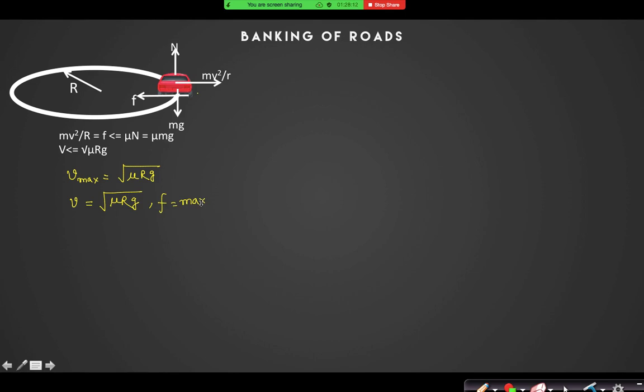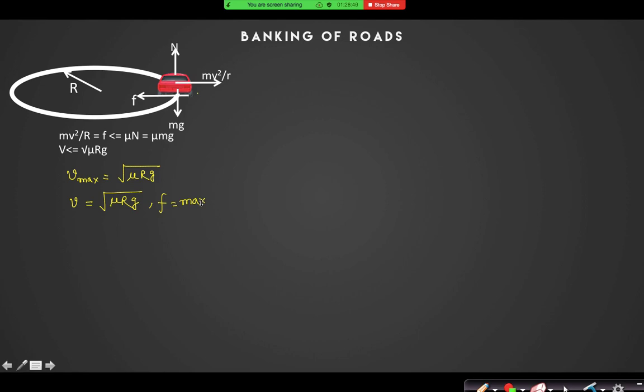Friction force is acting between the tire of that car and the road. So if the friction is maximum, then can I say that the wear and tear of the tire of that car is also maximum? Yes, sir. Wear and tear means the damage. The damage of the tire is also maximum in that case.